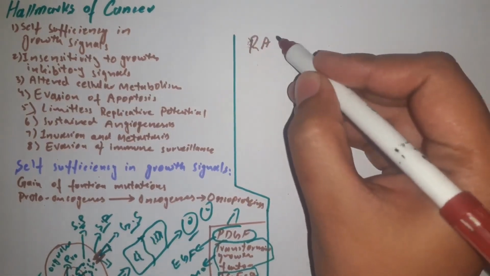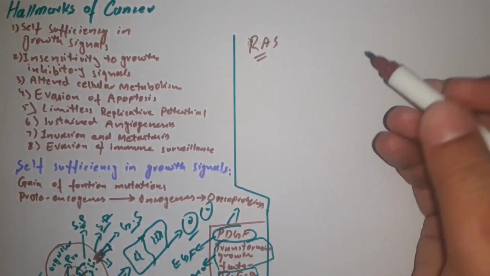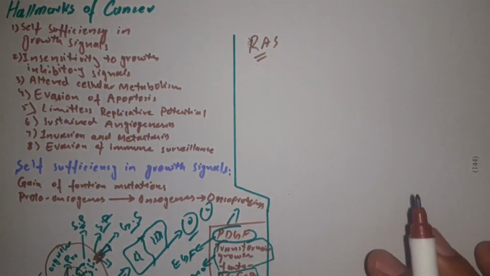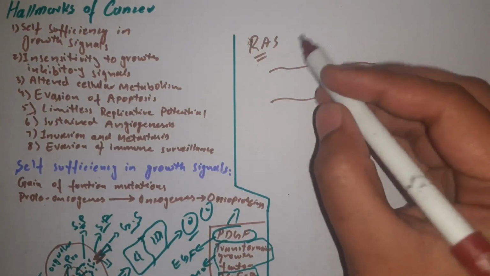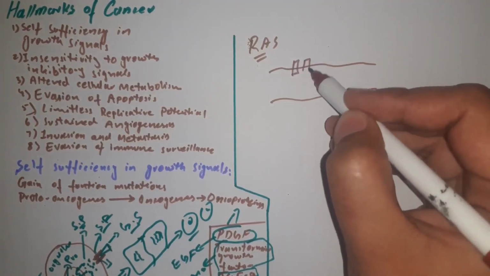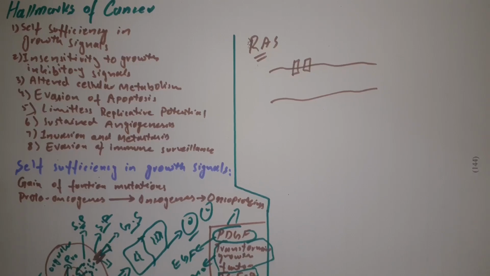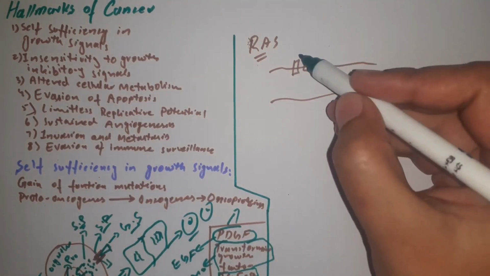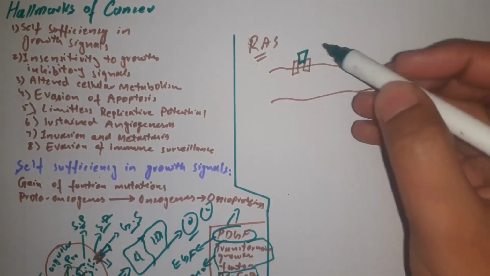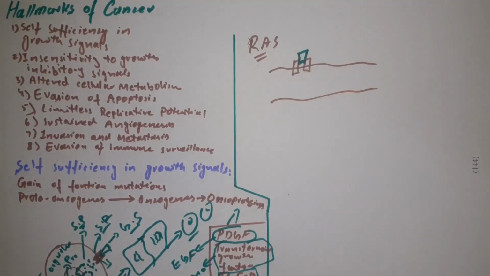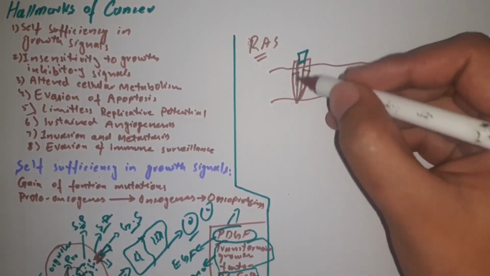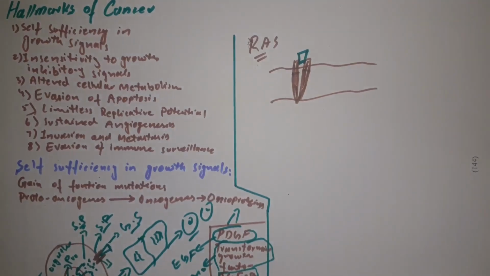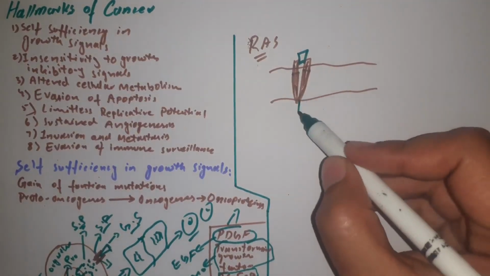So what is the RAS pathway? Basically, RAS is a molecule or protein which is involved in the signal transduction of growth factors. Supposedly, this is the cell membrane here, and here is the growth receptor, and a growth factor comes which gets attached to this growth receptor, and this growth receptor has a projection inside, and it is in association with the RAS protein.